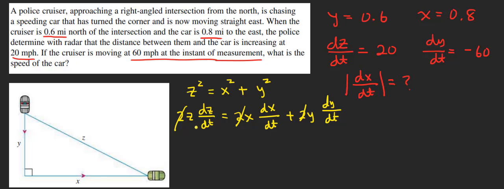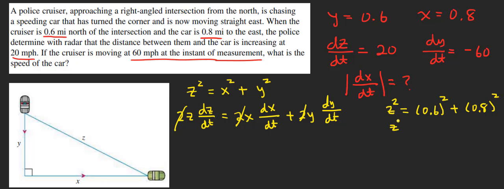However, how are we going to find the value of z? Only y and x are given, but using the Pythagorean theorem, we know that z squared equals x squared plus y squared. So z squared equals 0.6 squared plus 0.8 squared.